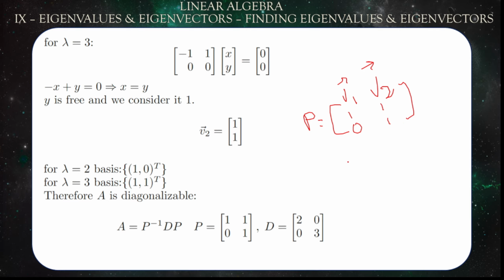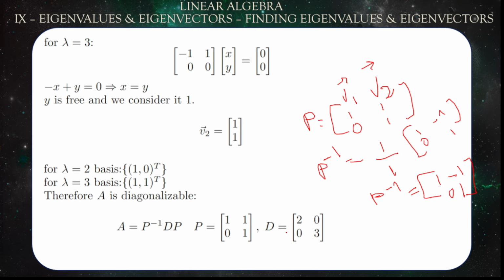This is P. P inverse is equal to 1 divided by the determinant, which is 1, multiplied by the matrix where you swap the diagonal entries, but it doesn't matter, they are the same, and you negate the other diagonal, so you have 0 and minus 1. So P inverse is actually 1, minus 1, 0, 1.